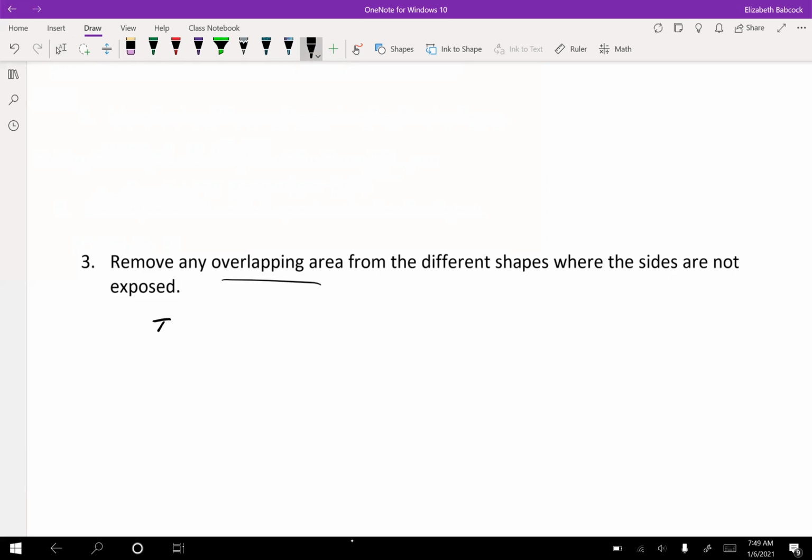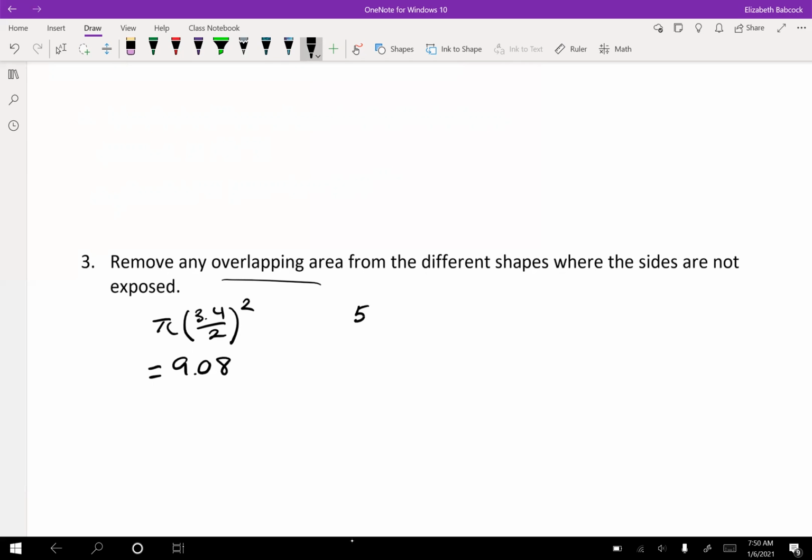So 3.4 divided by 2 to get our radius, squared, times pi, we get an area of 9.08 that overlaps.